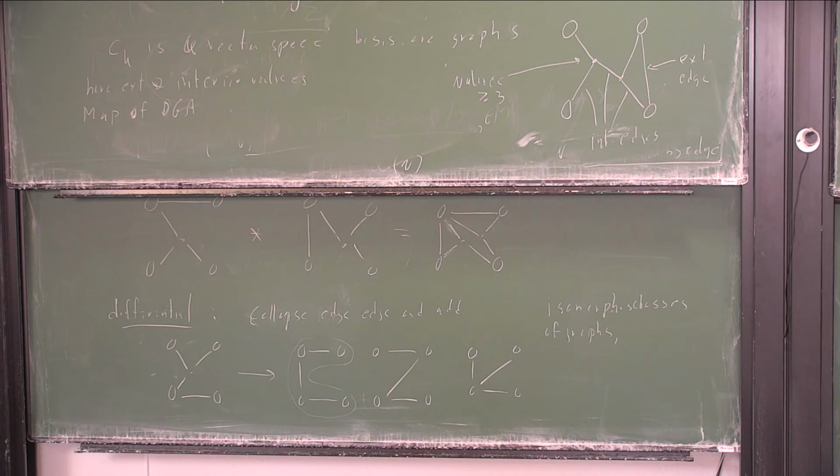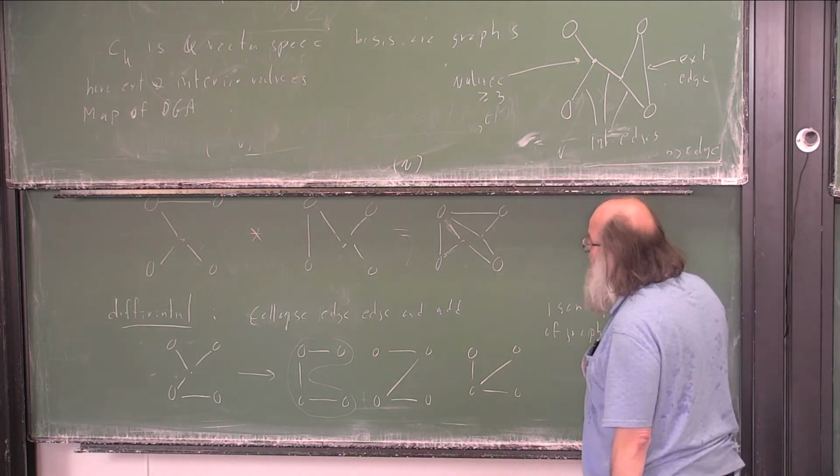So now you can try to define something else. You take C in CK of gamma which satisfies that the boundary of C is also in CK of gamma. And the boundary is taken inside this complete thing.